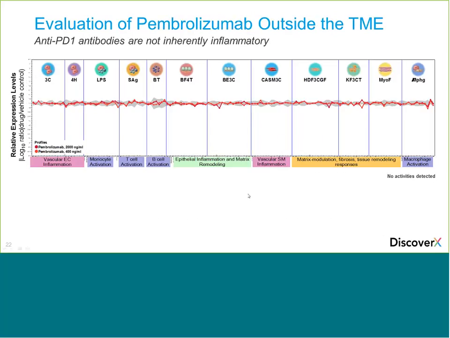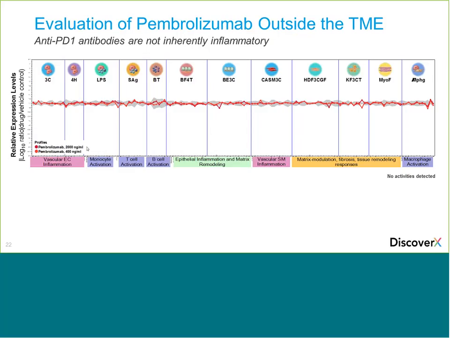So one of the most exciting profiles that we observed in this was actually for pembrolizumab, as continuing along with our case study, and this really showed that at a concentration that was active in the human tumor microenvironment from a couple of slides ago, we see no activity of pembro across our human cell system outside of the tumor microenvironment.